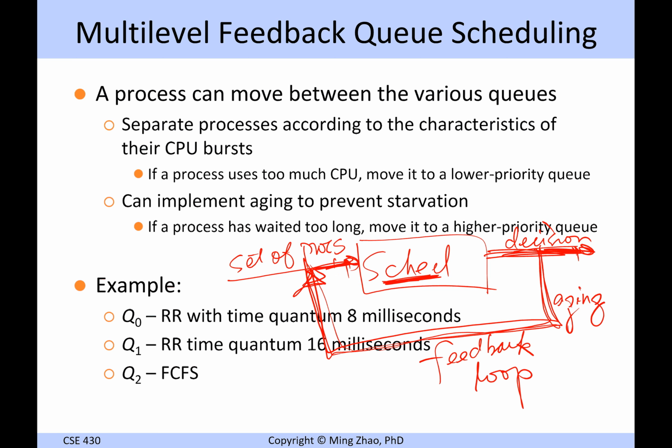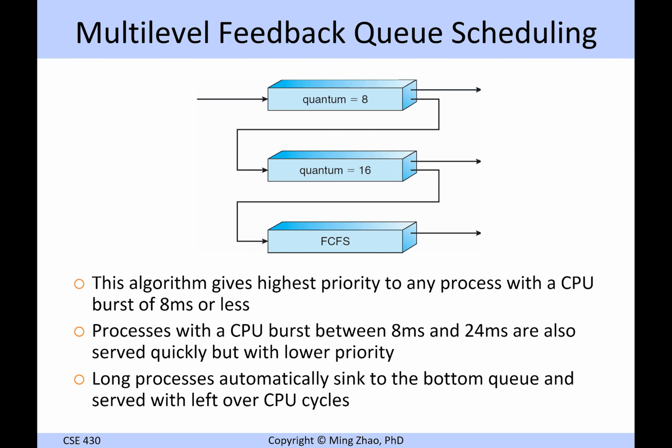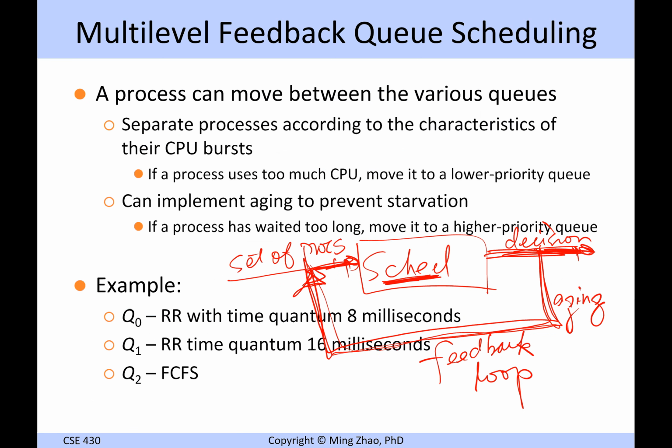Alright, so now let's look at a concrete example. Here we consider three queues: Q0, Q1, Q2. In Q0 we use round robin scheduling with a time quantum of 8 milliseconds.